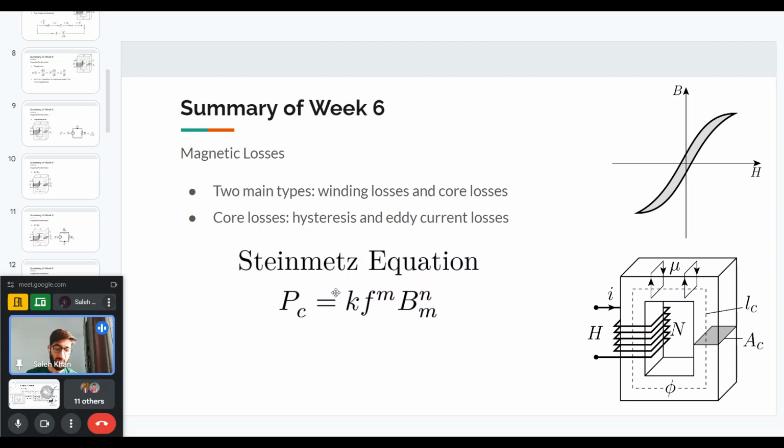So the manufacturer will give you these constants, and then they will specify that you have to use them in this equation, and the output power you will get in milliwatts per centimeter cube, frequency has to be in kilohertz, and flux density has to be in Tesla or some other value.